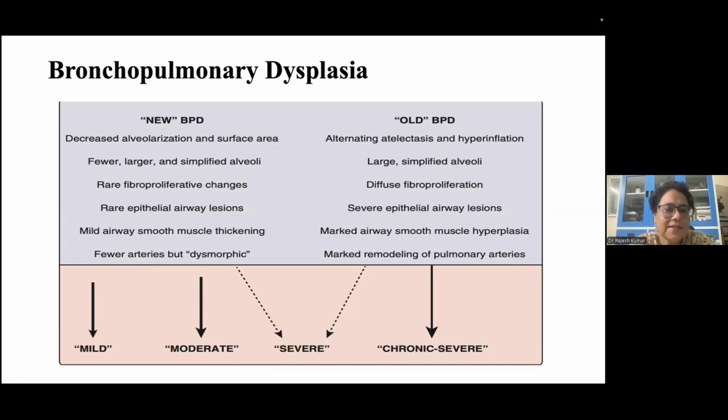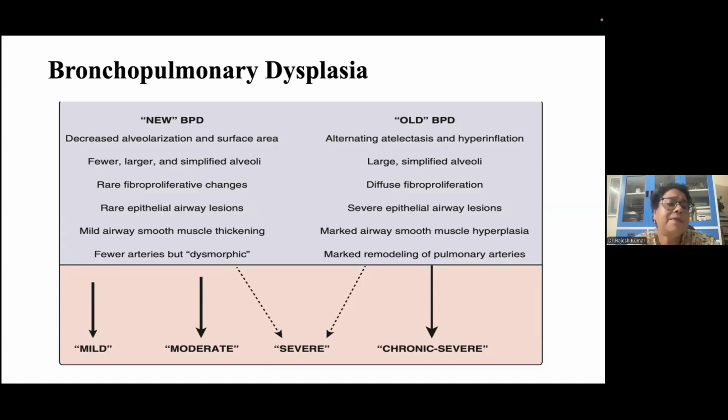New BPD is seen even in preterm babies who may not have undergone ventilation, mostly because of underdeveloped lungs exposed to the external environment, or maybe because of the ventilation which has been done earlier. In this new BPD, there is decreased alveolarization and surface area, with fewer and larger simplified alveoli.